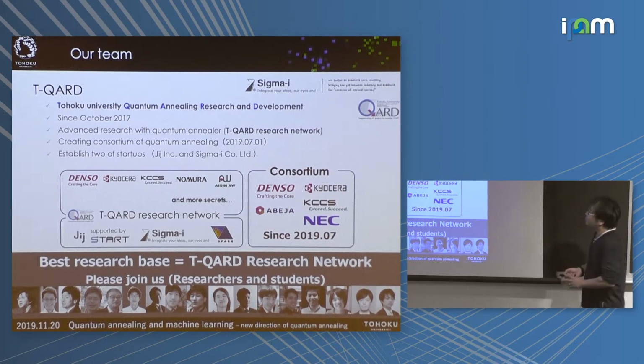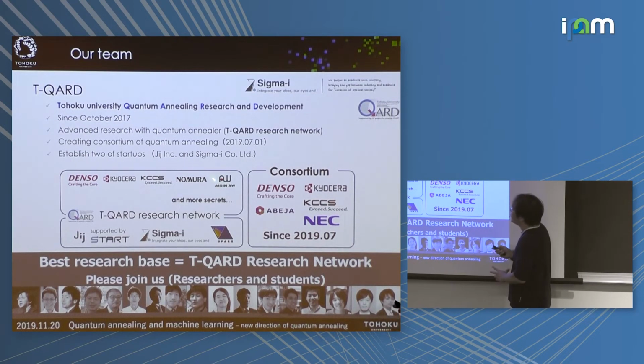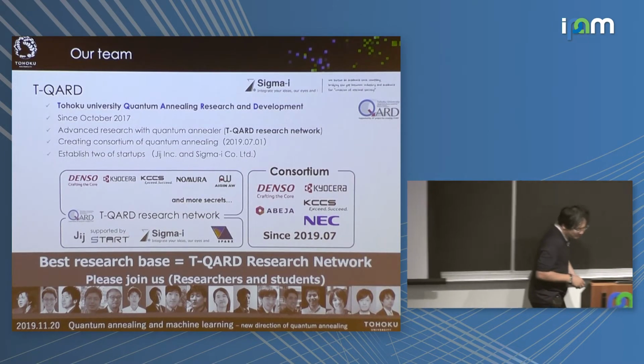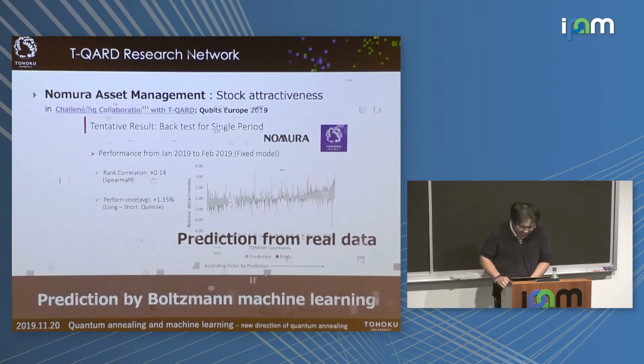So the collaboration between Tohoku University and some companies in Japan includes Denso and Kyocera, KCCS and NOMA and ICNW, and more secrets we cannot say anything. But anyway, we perform many collaborations between the university and the companies.